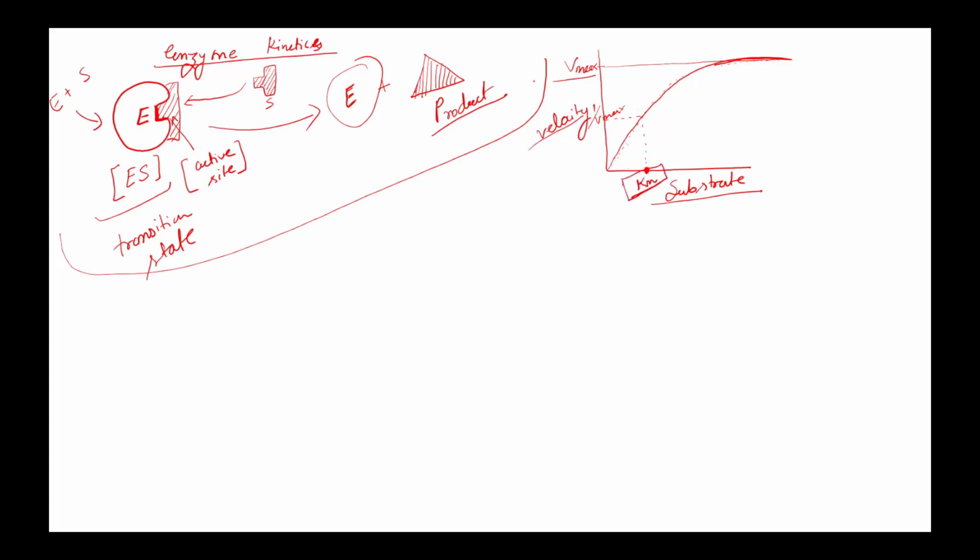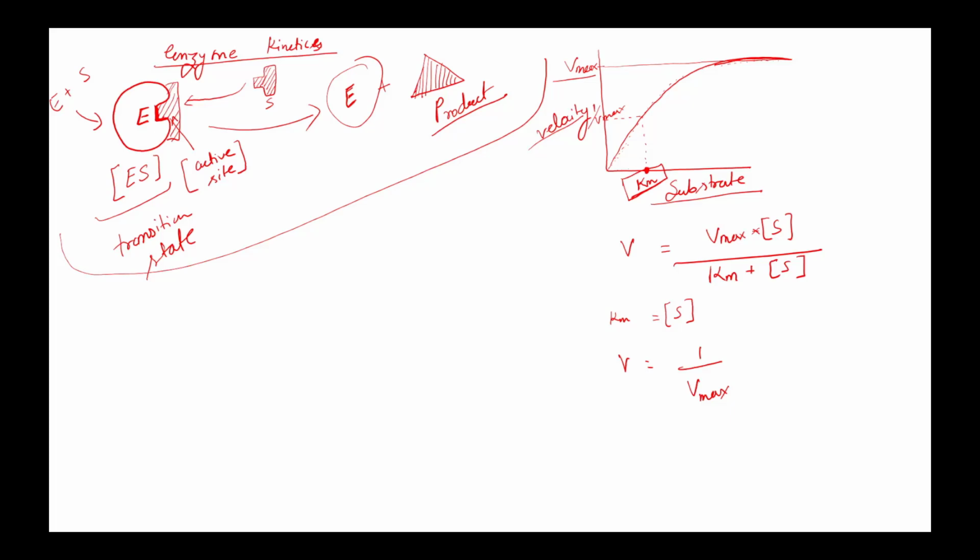From this graph, Michaelis and Menten derived a formula. Here, if Km is equal to S, then V is equal to Vmax by 2.